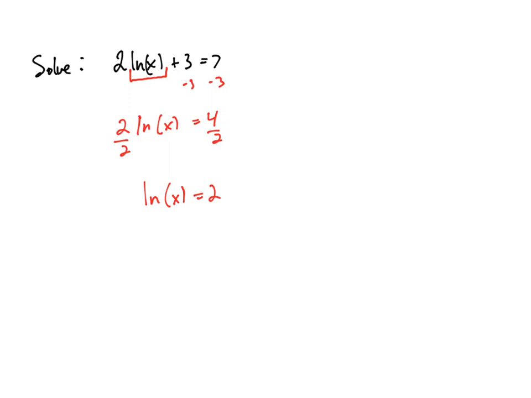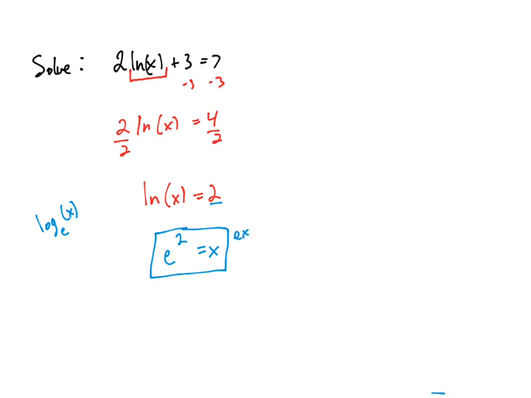Ln of x means, remember, log base e of x. So the base is e, and the 2 is the exponent. So that's all we need to do for our answer. E is the constant 2.7181, etc. So there is our exact value.